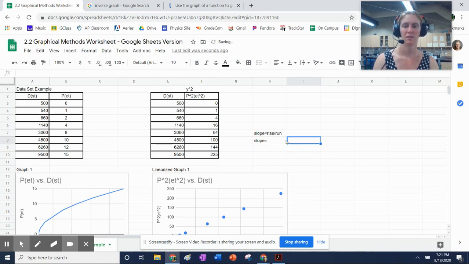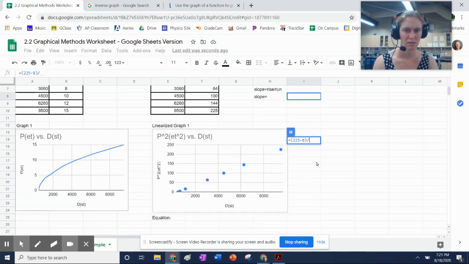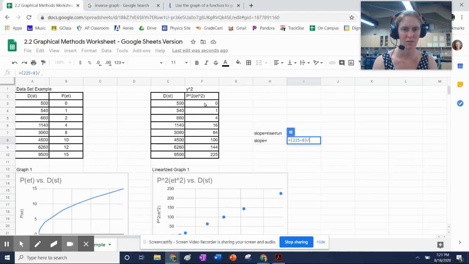And I'm going to be lazy. I'm going to just use the functionality in here. Slope equals rise, which is 225 minus 0 because that's where I started, divided by run.